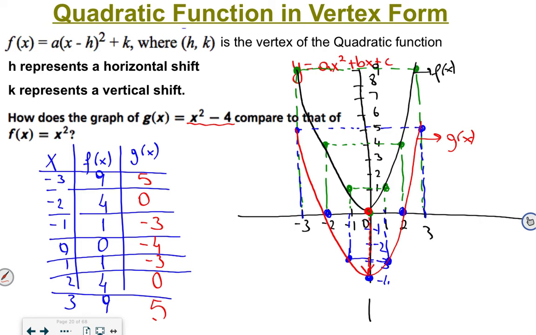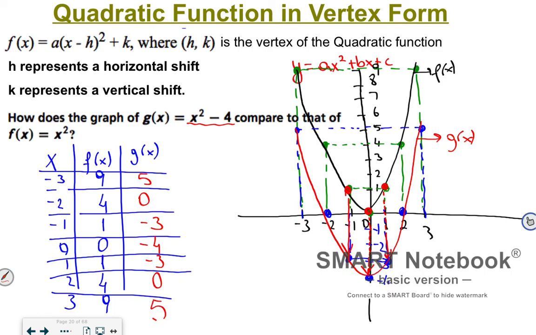And when you look at this point, which is 1 and 1 in the f function, this is translated 4 units down, and this is another point on f of x, and it is also translated 4 units down as well. So we can say that, ladies and gentlemen, g of x is the transformation of the f of x function vertically 4 units down. We can see this easily on the graph.